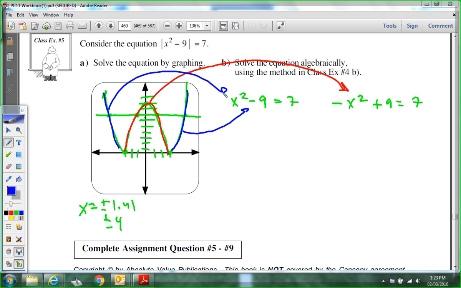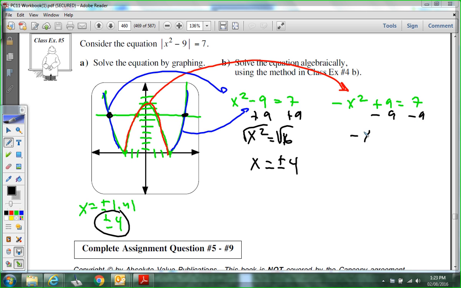Okay? So let's go ahead and do this, and let's see how far we get. So x squared minus 9 equals 7. Add 9, that's easy. x squared equals 16, square root, x equals plus or minus 4. When you square root, you get the plus or the minus. That makes sense because that's what we got here, plus or minus 4. This one here, minus 9, negative x squared equals negative 2.